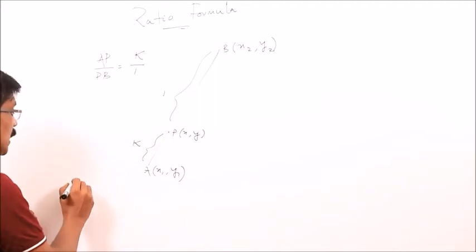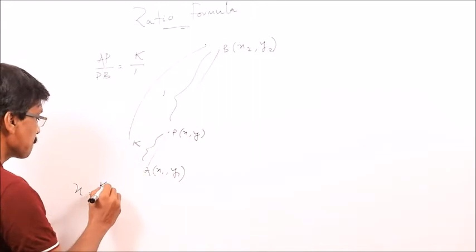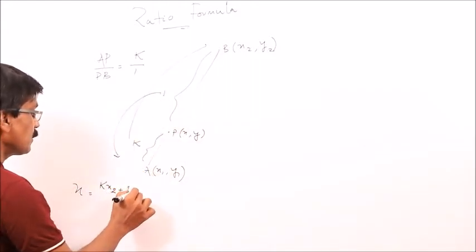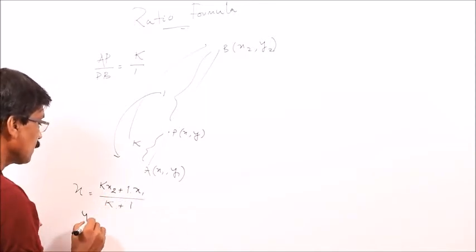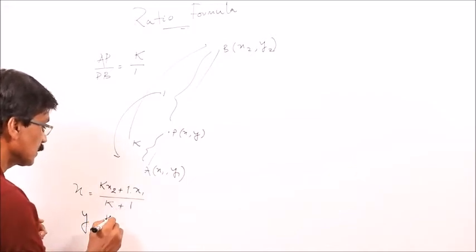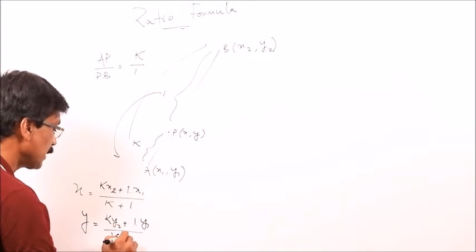So x is equal to k into x2 plus 1 into x1 divided by k plus 1. Similarly, y is equal to k into y2 plus 1 into y1 divided by k plus 1.